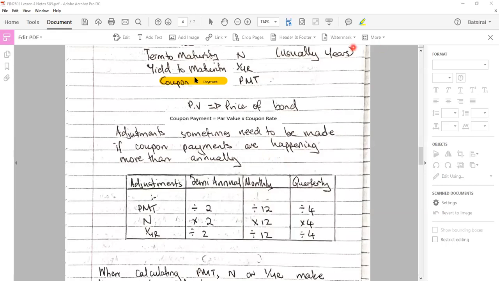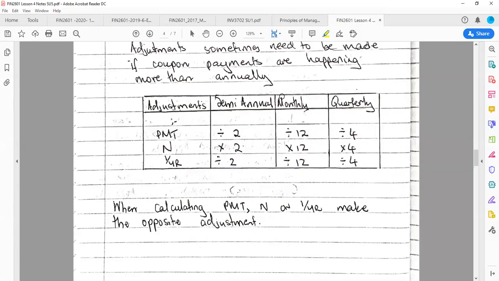So we also have to factor that in. When that happens, we need to make some adjustments to make sure that we get the right answers.